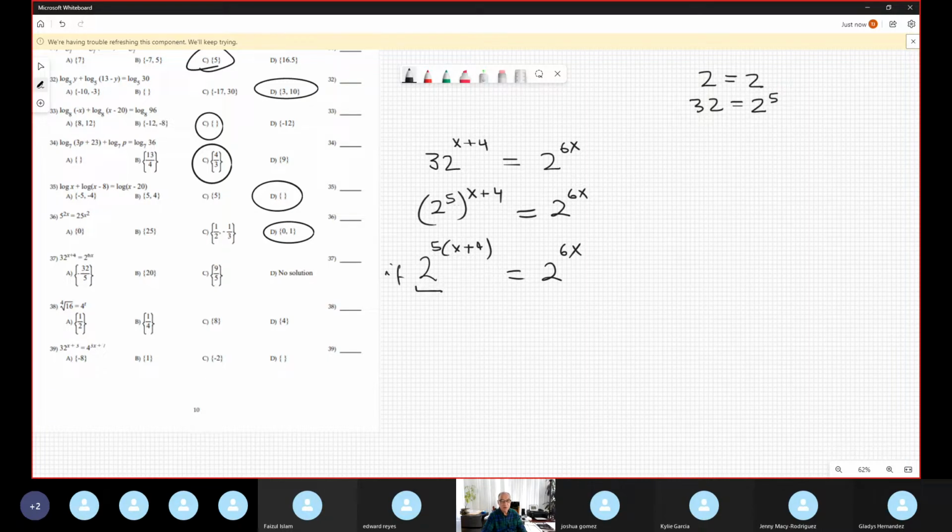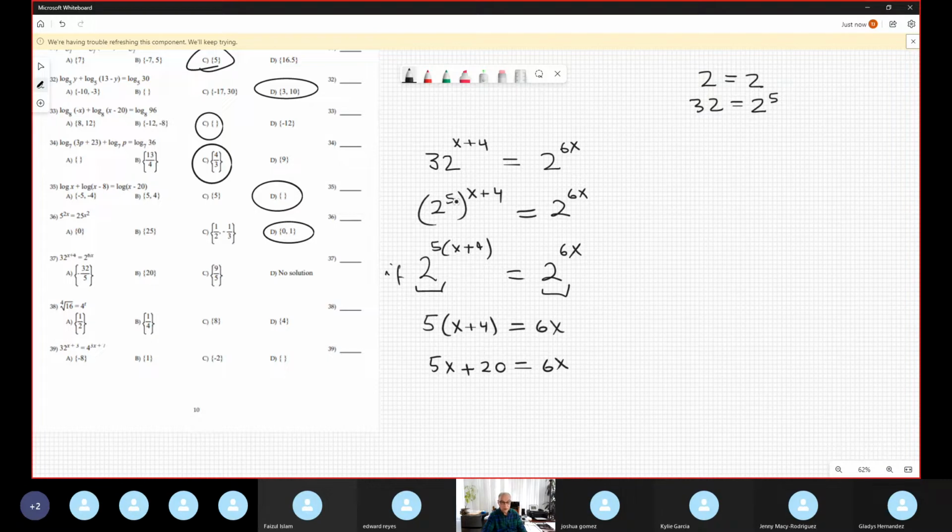Again, two exponentials, the same base, get 2. Therefore, the arguments are the same. 5 parenthesis x plus 4 equal 6x. Okay, distribute: 5x plus 20 equals 6x. Oh, this is a linear equation, not a quadratic equation anymore.